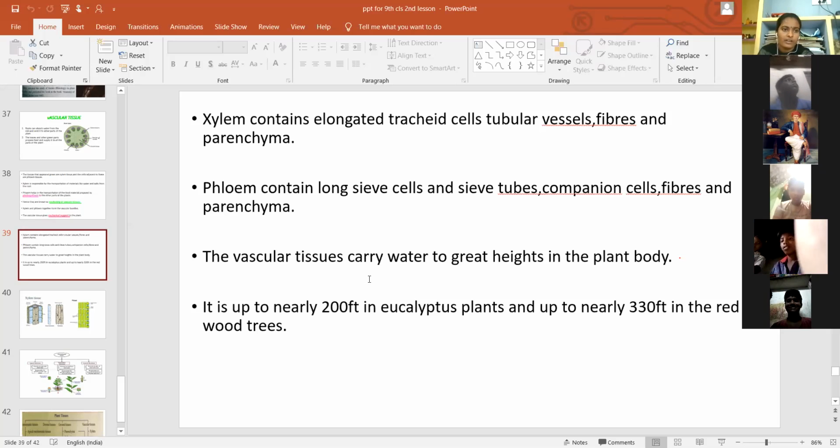The transport of food material in the plant body is done by the phloem tissue, and the transport of water is done by the xylem tissue. For example, it is up to nearly 200 feet in eucalyptus plants.